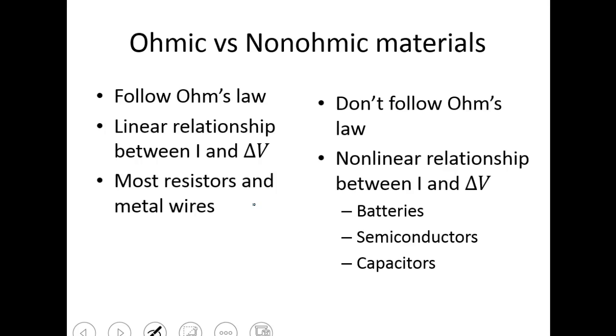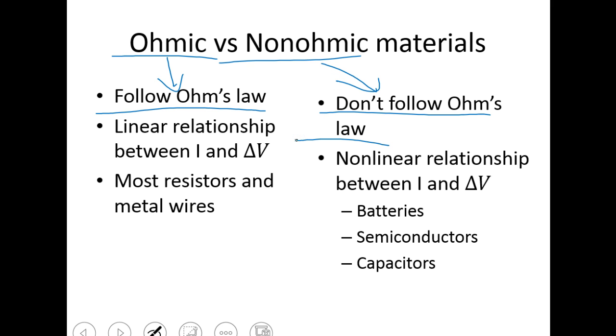The last kind of caveat to this is that there are ohmic and non-ohmic materials. While electricians and auto techs and our folks over in aviation maintenance spend a long time on this ohmic versus non-ohmic materials, I'm going to summarize and know that it's a generalization. So there are things that we describe as ohmic. They follow Ohm's law. And then there are things that we describe as non-ohmic. They don't follow Ohm's law.